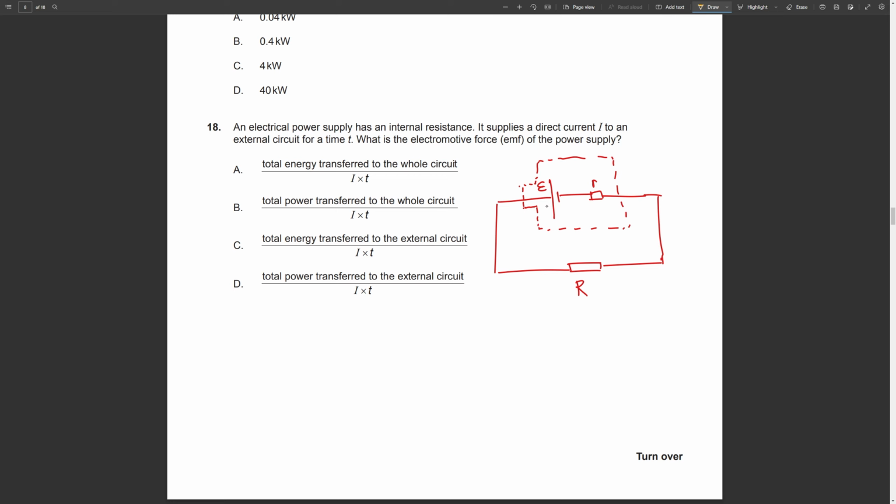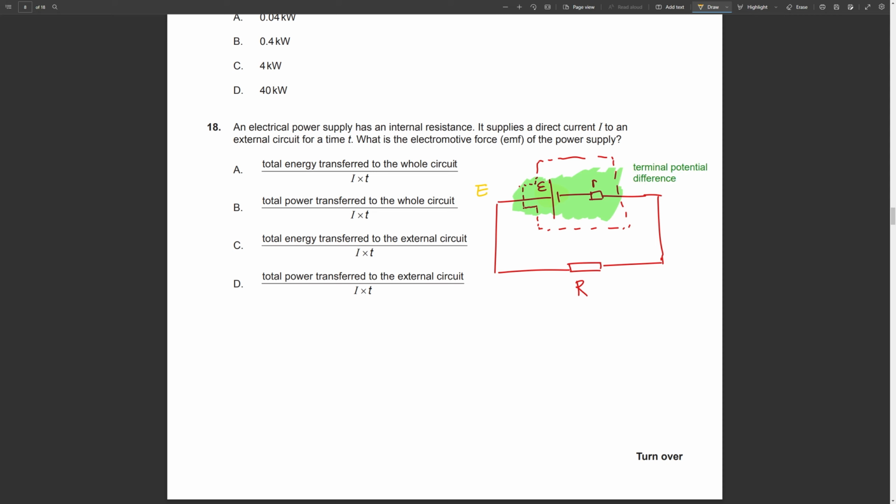When a cell is connected in a circuit, in a closed loop, there should be a current running through. The potential difference of the yellow part is known as the EMF. The potential difference of the green part, which includes the internal resistor, is known as the terminal potential difference.